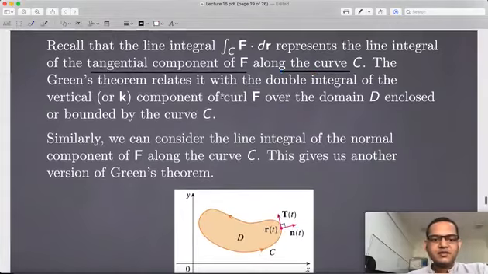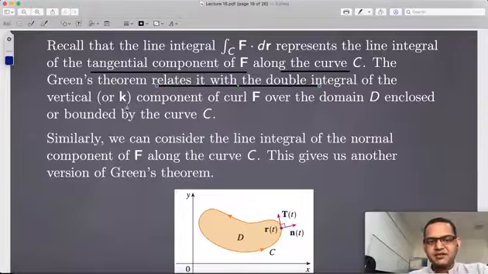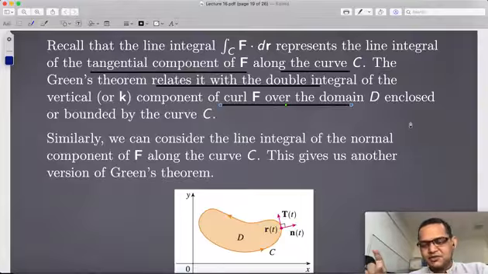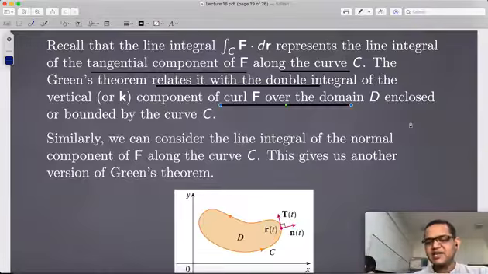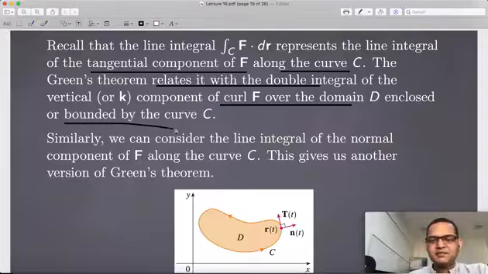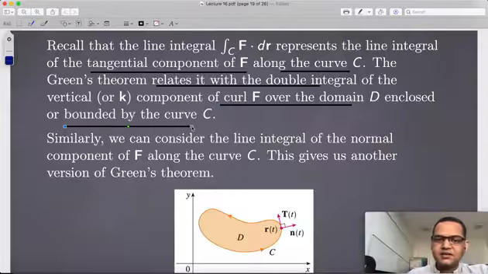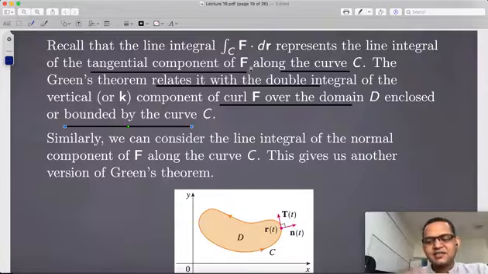So Green's theorem, what does it do? It relates the double integral of the vertical component or the kth component of the curl over the domain D, that is del q by del x minus del p by del y, in terms of the line integral of the vector field, or rather the integral of the tangential component.